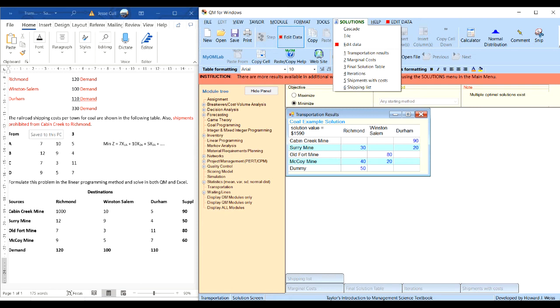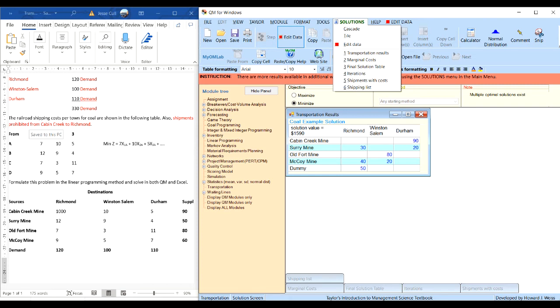So if the dummy is on the bottom, it represents shortages. If the dummy is on the side, for suppliers, it represents excess. In our situation, we have 50 tons more required for Richmond. Winston-Salem is okay, Durham is okay, Richmond is not okay.